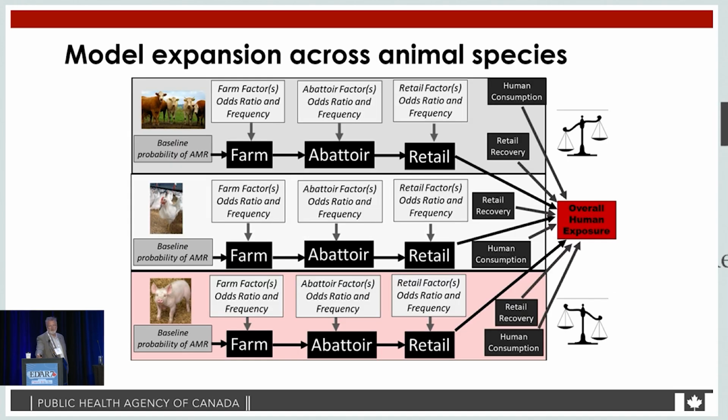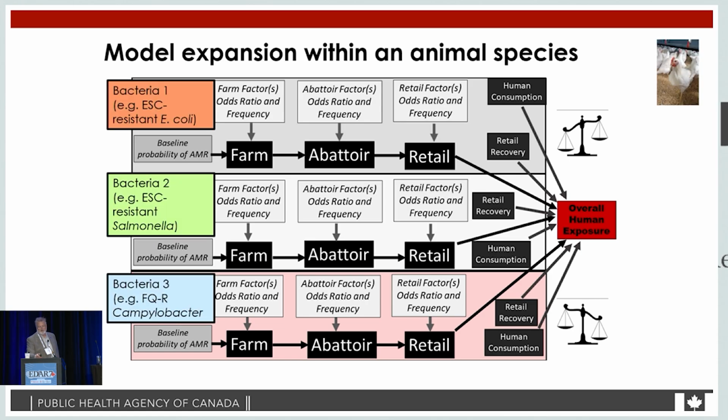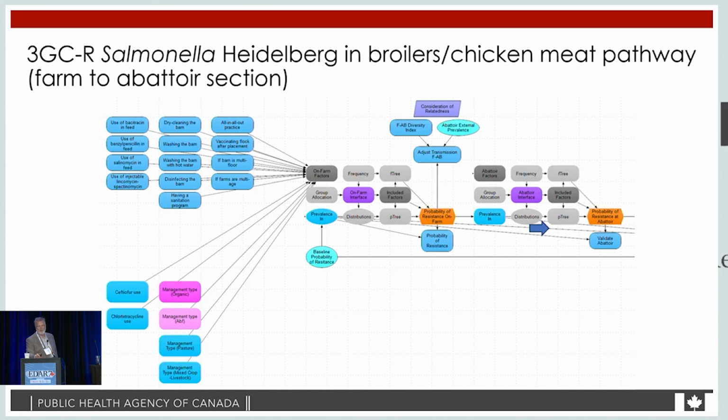So here we have a model expansion, at least 3 pathways across species with the same resistance in pigs, poultry, and cattle. And here we'd have a similar thing, but within the same species across different bacteria. This is what one actually looks like.